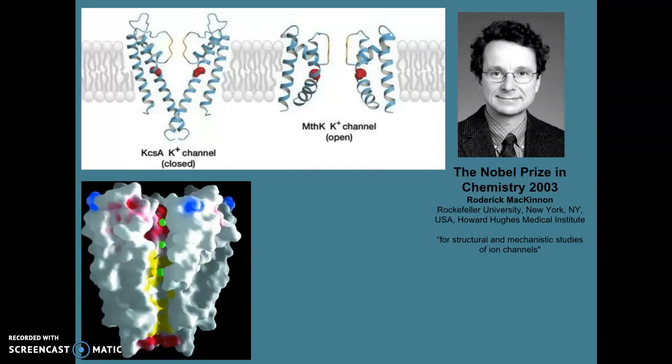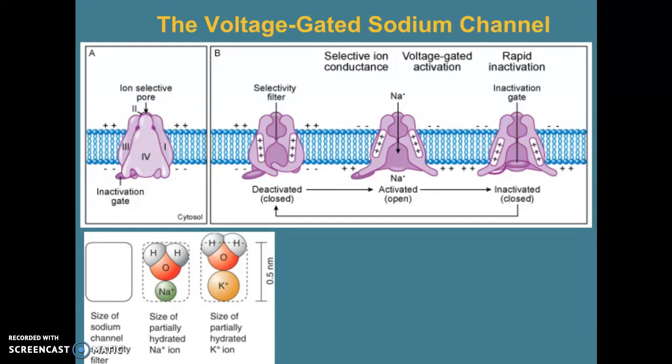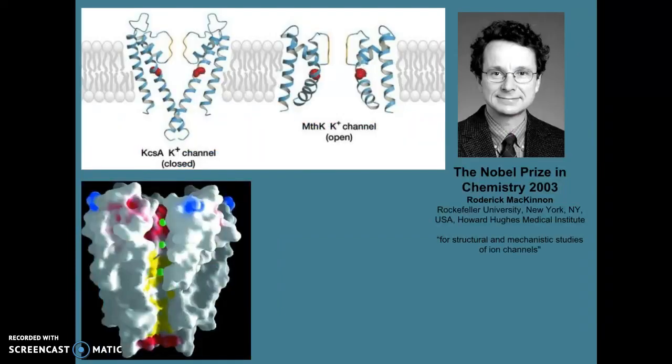It's a little bit more difficult to understand how a potassium channel could be selective, because sodium is smaller than potassium. So if the channel is open, it seems like sodium and potassium should both be able to go through, but it all has to do with the size of the hydrated and dehydrated, or not hydrated, potassium and sodium. So when you strip the water off of the potassium, it is exactly the right size to go through that selectivity filter.